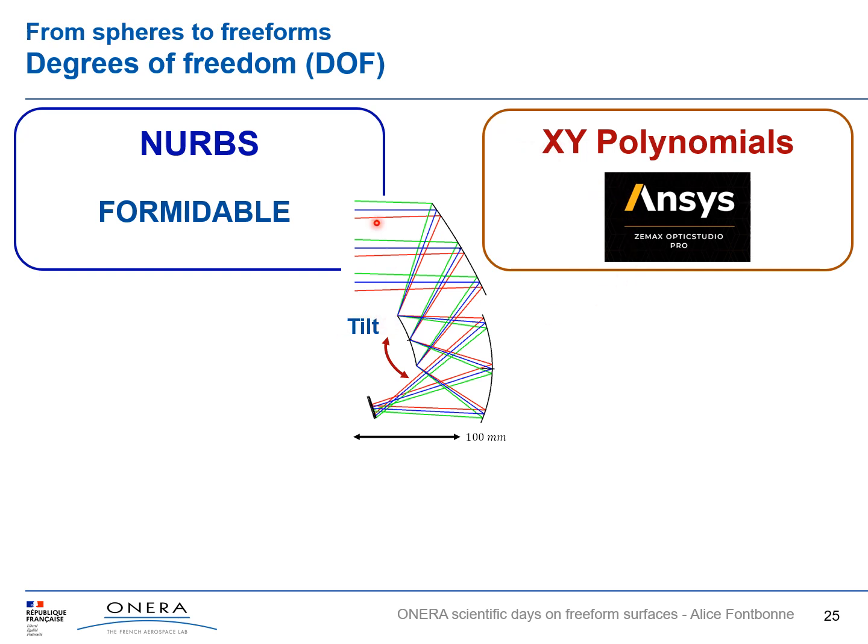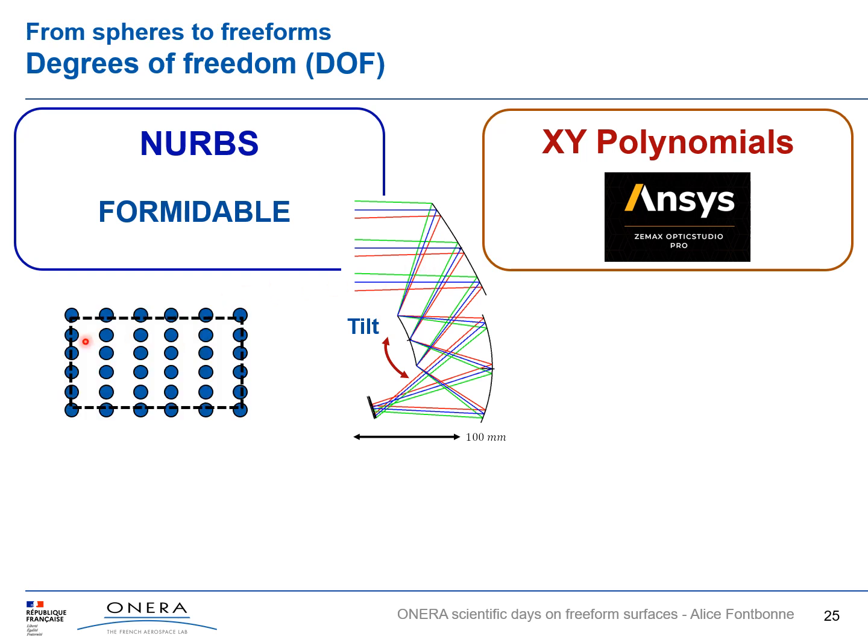So first, we are going to define the variables of the optical system. There are several tilts here in the optical system, and for the NURBS, we have several grid points for all the surfaces, and there are 6 by 6 control points with each time 4 degrees of freedom.